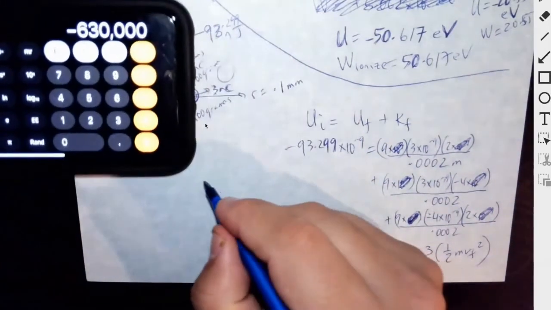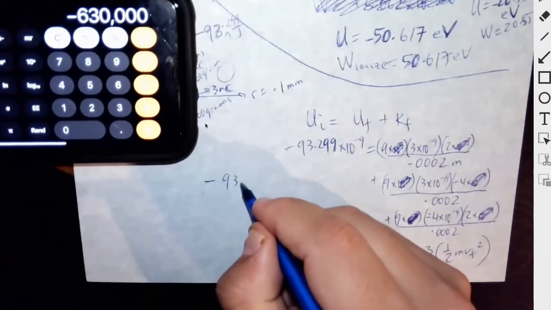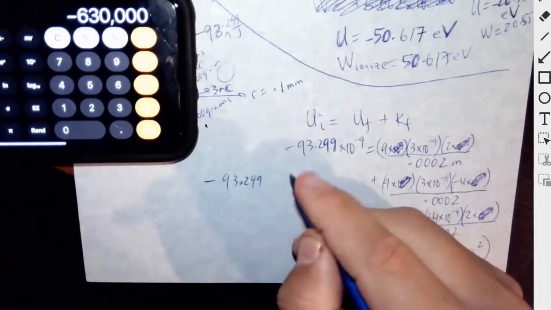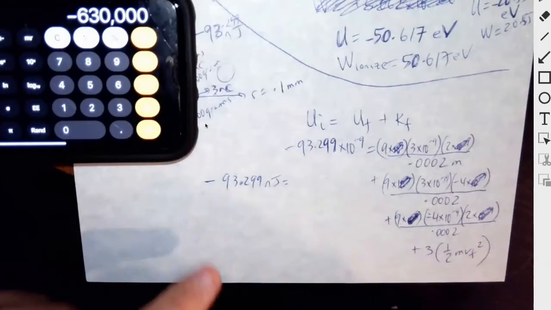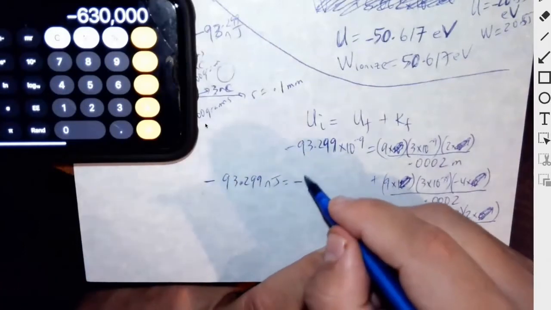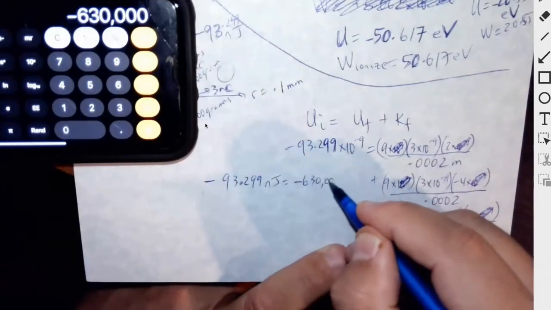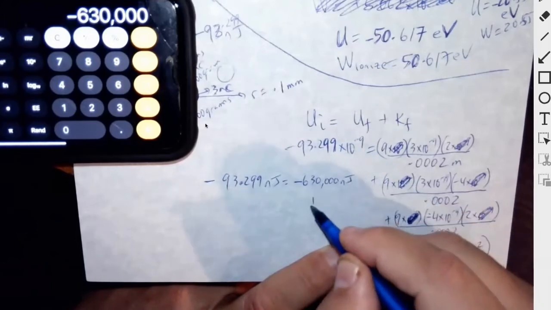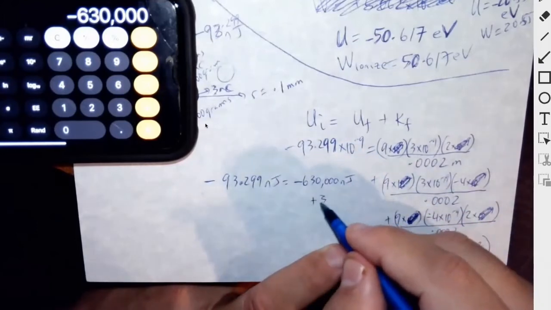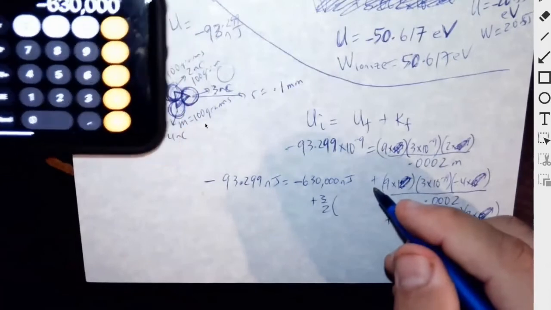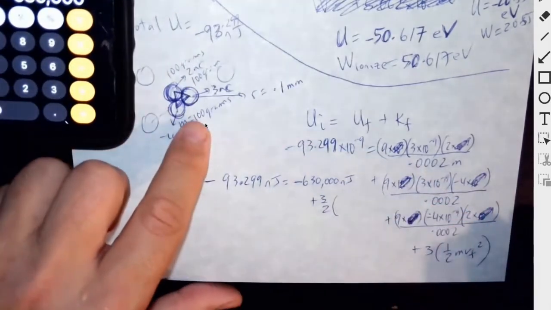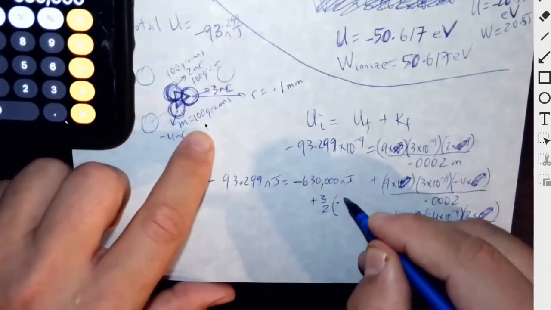Okay, so now you have negative 93.299 nanojoules is equal to negative 630,000 nanojoules plus 3/2, and then their mass is 100 grams, so 0.1 kilogram.